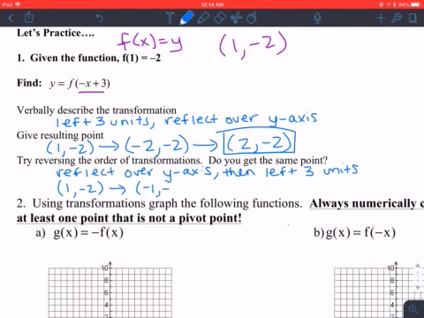My y stays the same. Then shift left 3 units. So from negative 1 I go to negative 4. My y is still staying the same. Notice that's a very different point than the one we got up here. So the order of transformations is extremely important. Always move left and right first, no matter what.